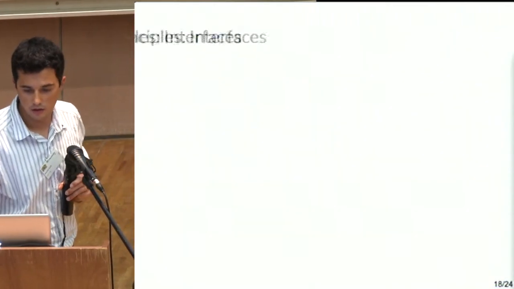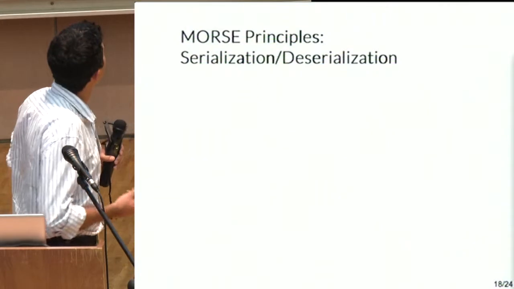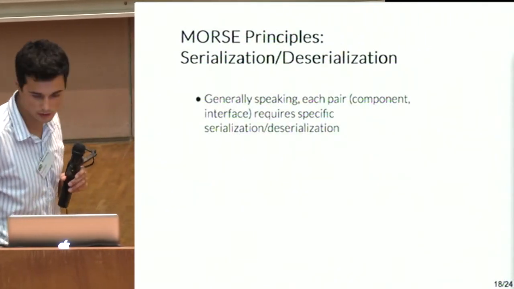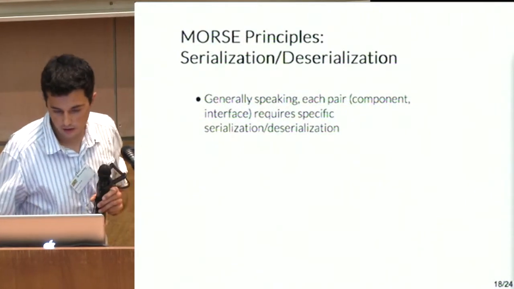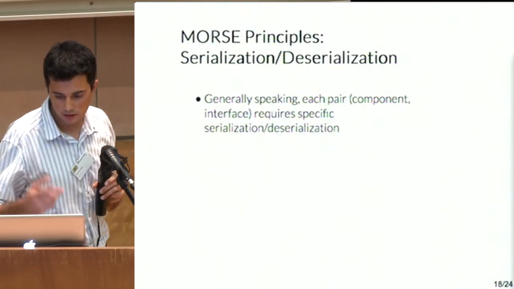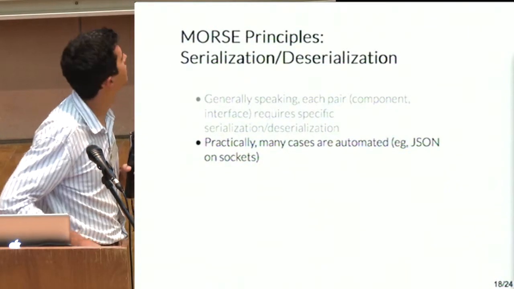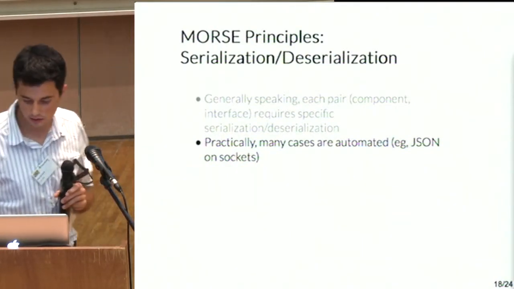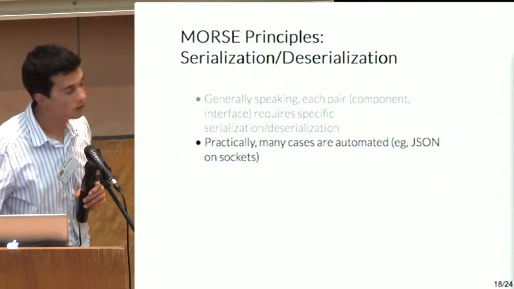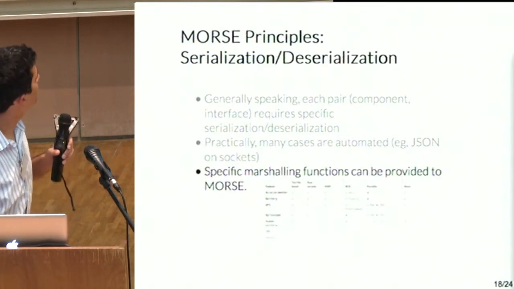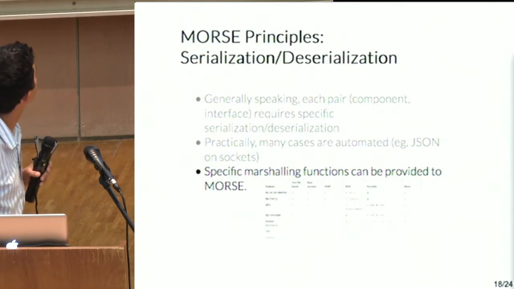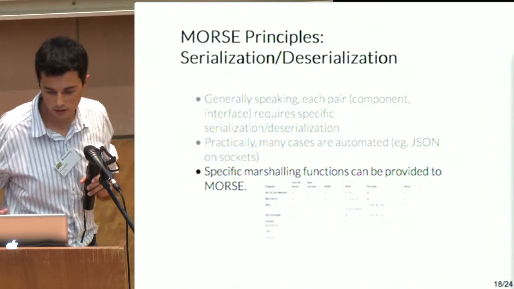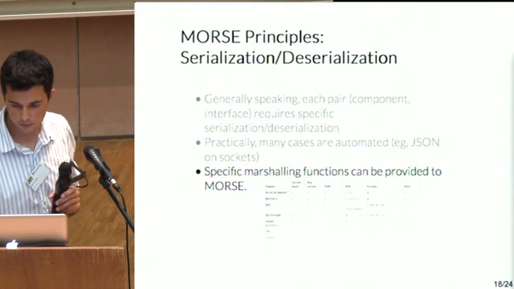And all the serialization and deserialization is made in each middleware class. And basically for the socket, which comes with a basic installation of MORSE, it is JSON. And you can find in the documentation a full list of supported components and related middleware objects and messages.